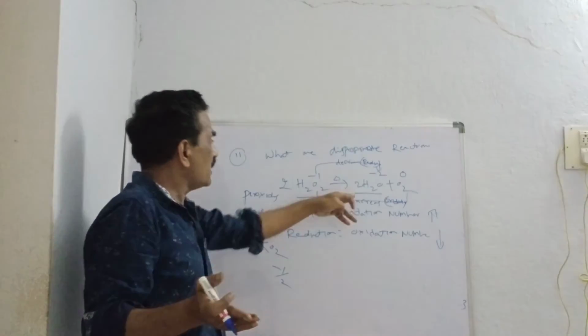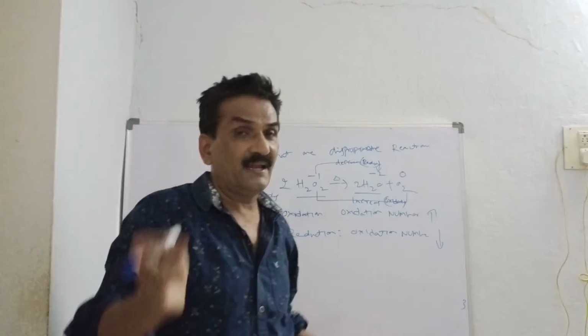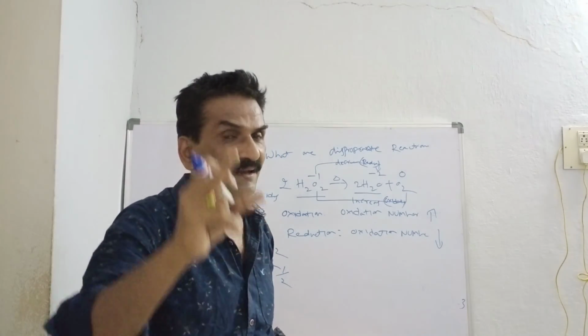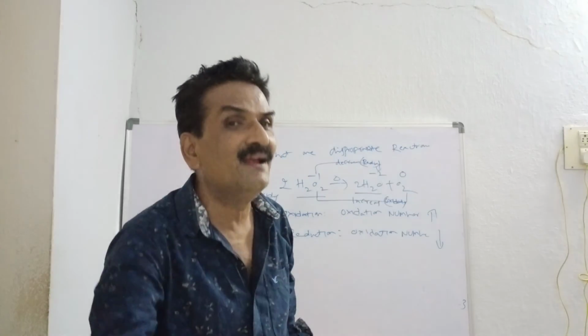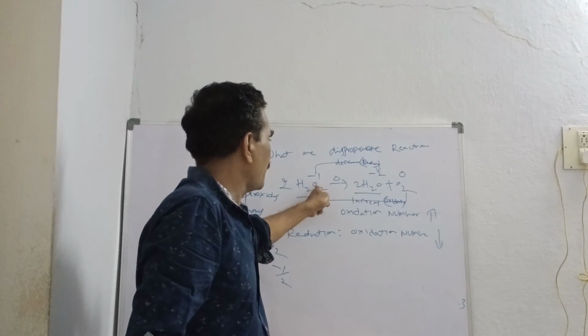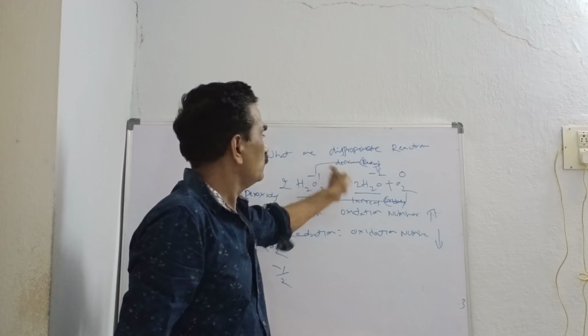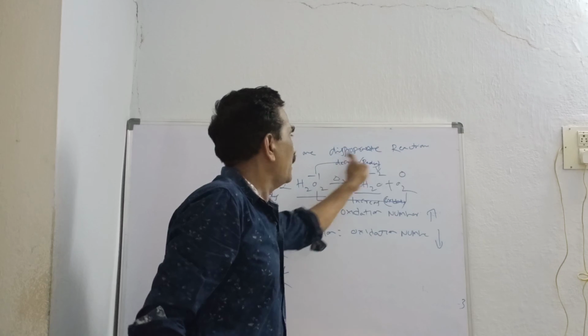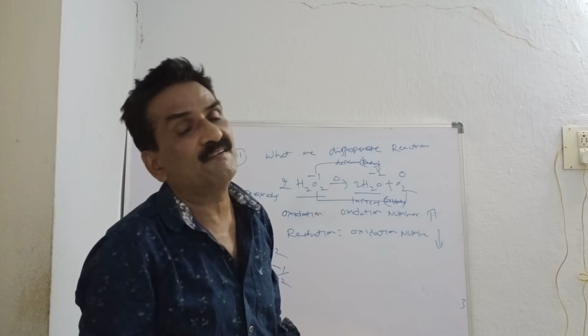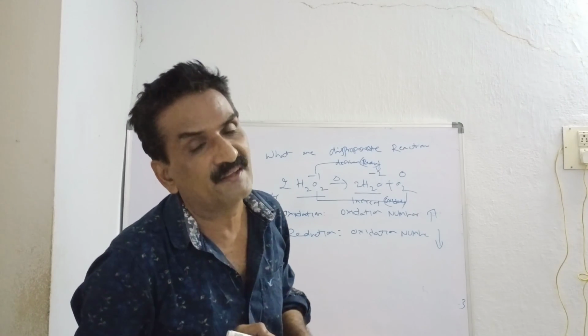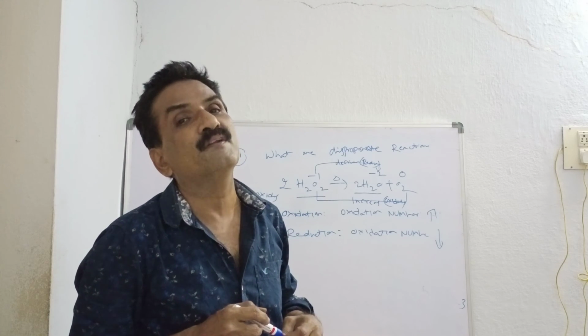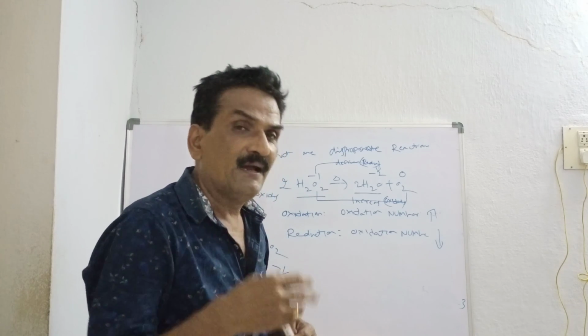So in this reaction, in hydrogen peroxide, oxygen undergoes both oxidation and reduction. So this type of reaction is called a disproportionation reaction. So, kindly keep it.